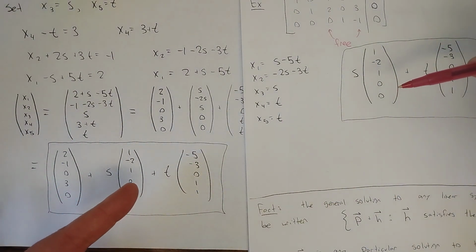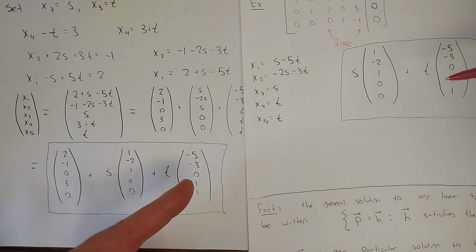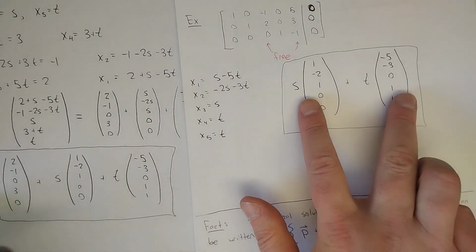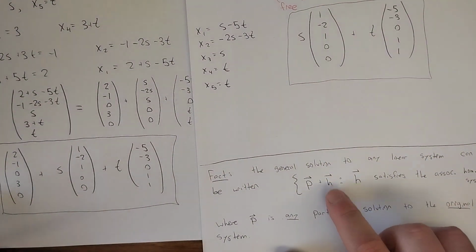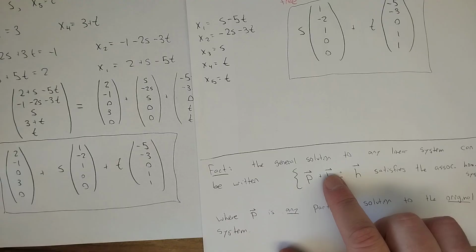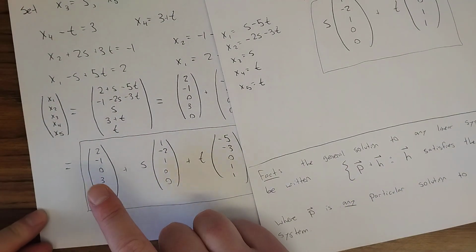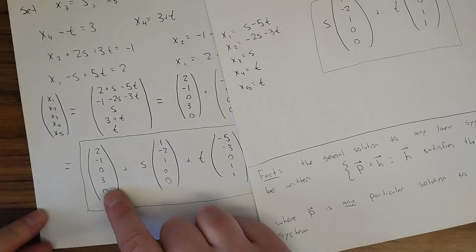Likewise, there's a T part, and this and this are the exact same. So basically, this is my H in this theorem. My P is this, a particular solution to the non-homogeneous equation.